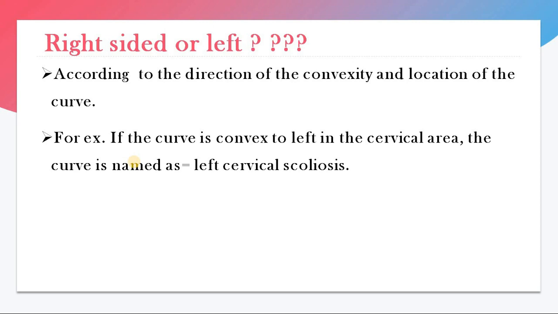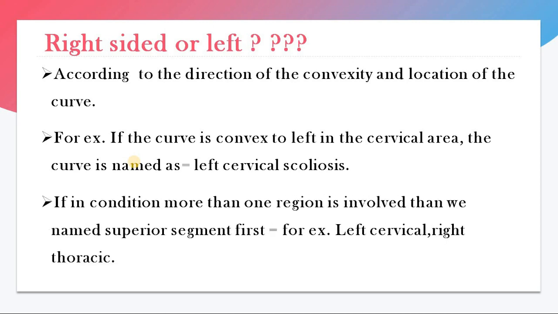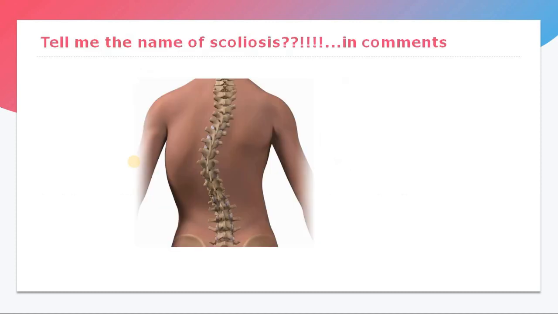If more than one region is involved, then we name the superior segment first, for example, left cervical and right thoracic scoliosis. I hope you understand now. Now tell me the name of this type of scoliosis. Pause the video, identify the type of scoliosis and let me know in the comment box.